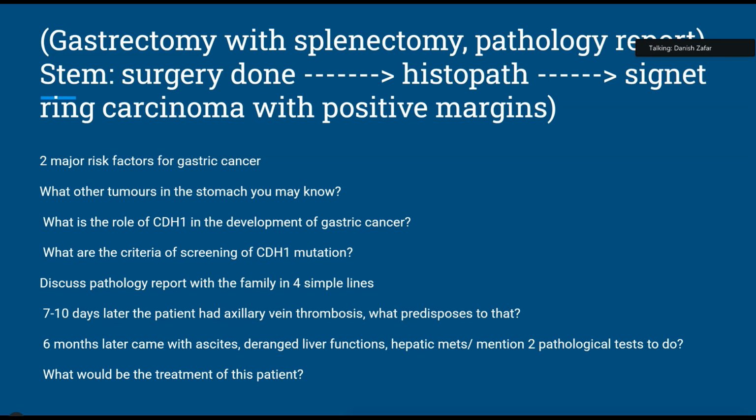So what is the most common histological type of gastric cancer? Actually, the most common histological type is adenocarcinoma. Okay, precisely. What other tumors in the stomach do you know of?